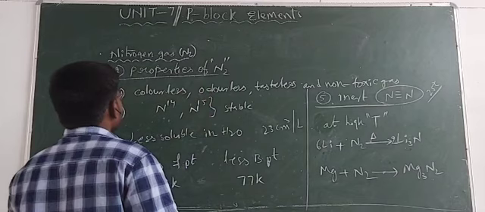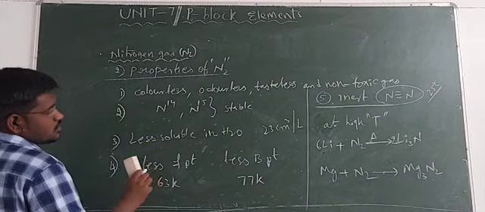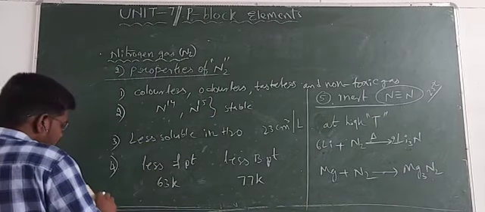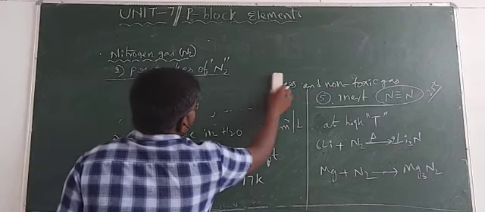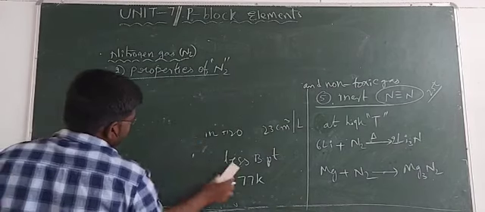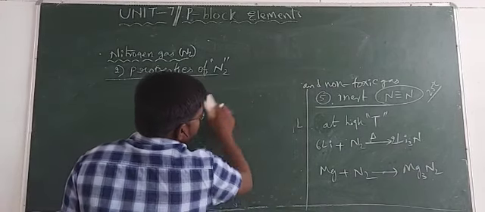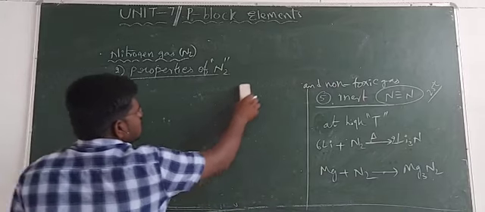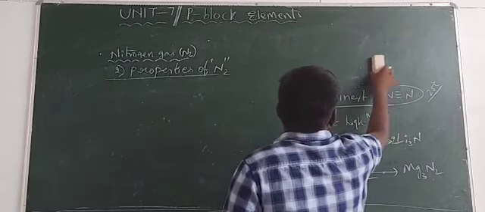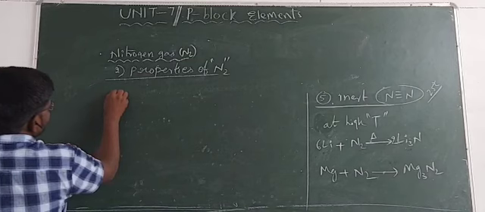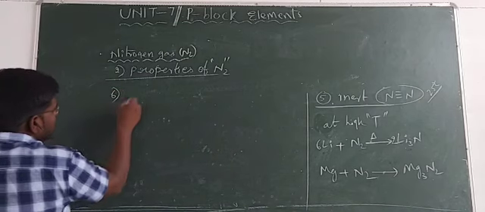Right? And next one, seventh property. Five properties completed, and sixth property.